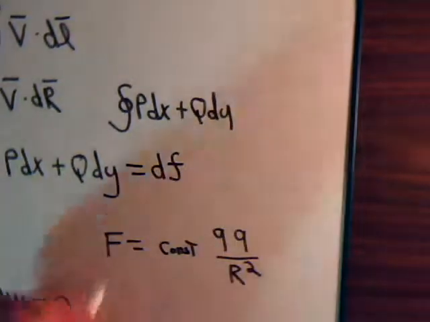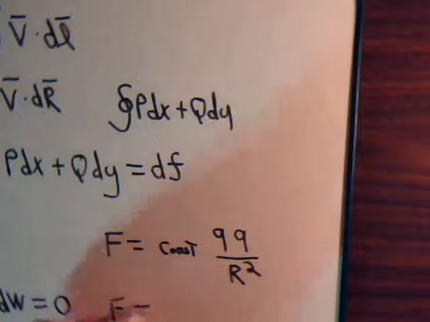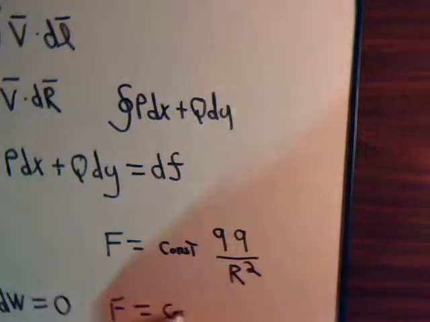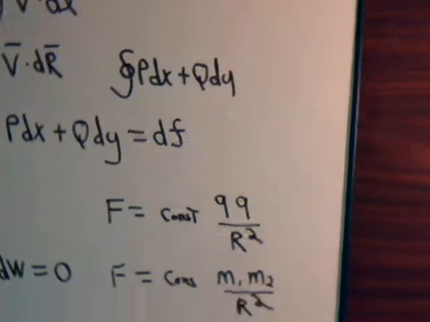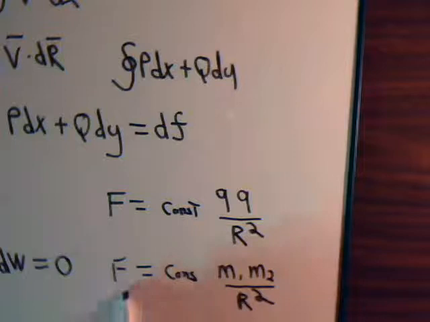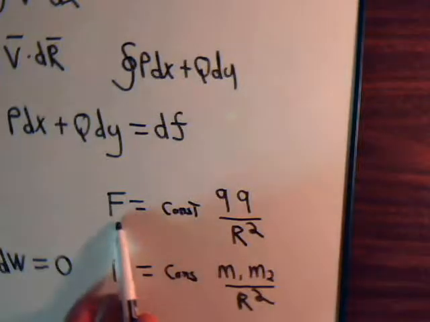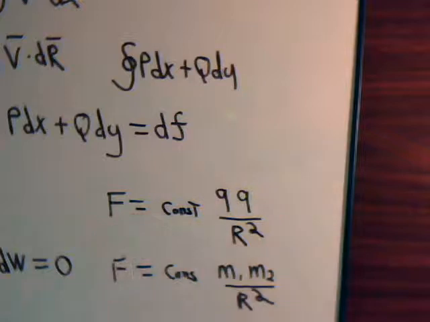Or if it's a gravitational force, again, it's a constant in general form times mass 1, mass 2, divided by r squared. So gravitational force and electrostatic force, they both behave the same way. That is, the amount of work that you perform doesn't depend upon the path, it only depends upon the two endpoints, the beginning point and the final endpoint.